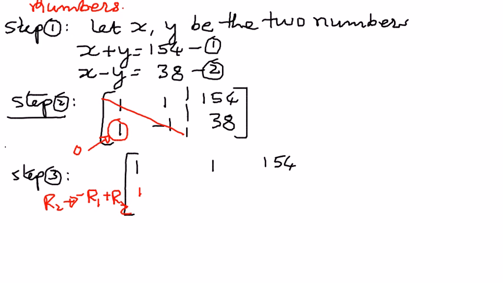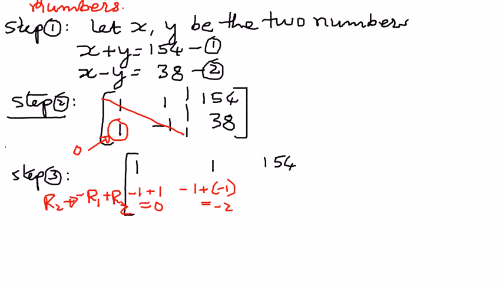So 1 minus 1 will be equal to 0. Then -1 plus 1 will be equal to 0. Then 1 plus -1, this is actually -1 here, and -1 plus -1 will be equal to -2.